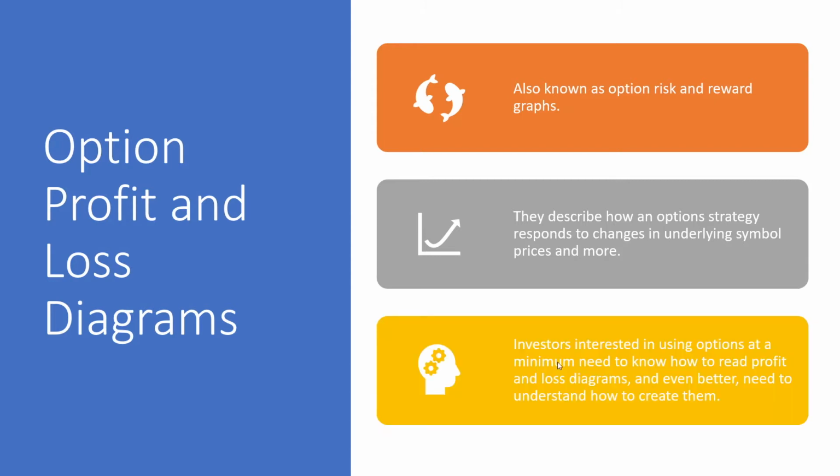In fact, investors interested in using options, at a minimum, need to know how to read these profit and loss diagrams. And even better, they need to understand how to create and even how to use them. Not just create them, but do create them.